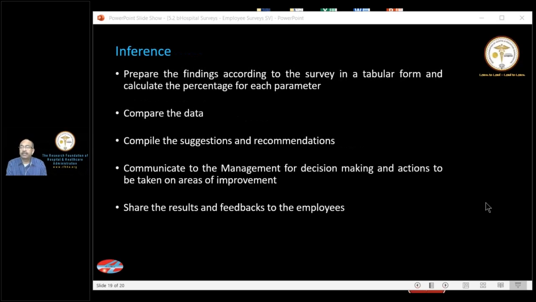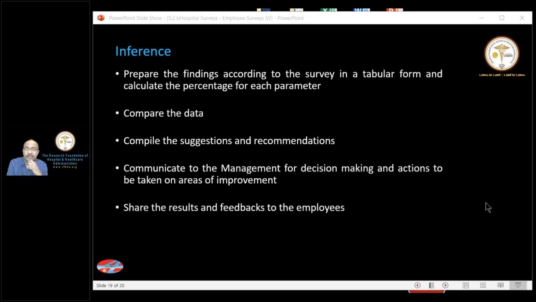So next we look at the findings. So we tabulate it, create percentages, maybe calculate some indicators. Like NABH has some indicators which have to be calculated relating to the employee satisfaction surveys. So those indicators need to be calculated, and then the people can sit together, put their heads together, and find out what recommendations can be made out of this.